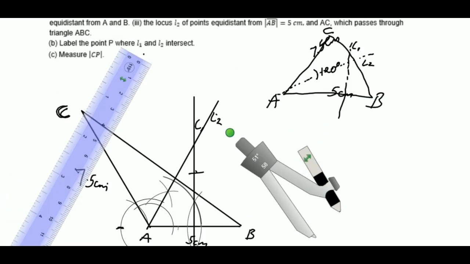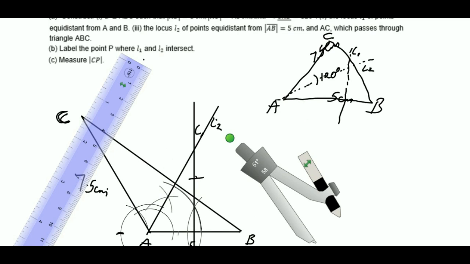So back to the question, we are told to label the point P where L sub 1 and L sub 2 intersect. They intersect here, so this is going to be point P. So you've labeled that.